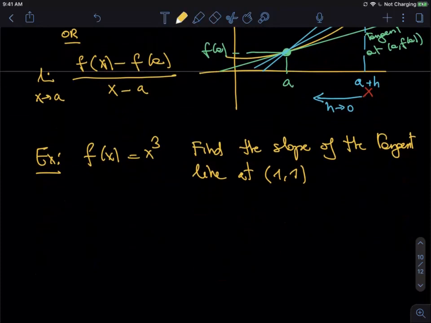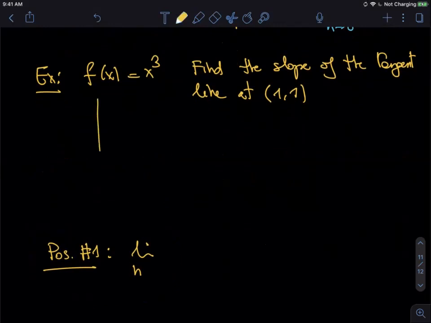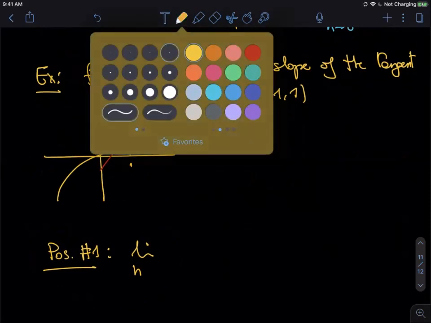Okay, that's a quick check. Let's do the two possibilities, the two possible limits. Let me first graph it actually, so that we know what we're doing. So we have something like this, right? Let's say this is the point 1, 1. So the tangent is going to be something like this. There we go. Okay, so we want to find that slope.